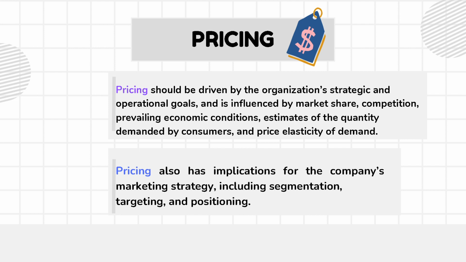Next is pricing. Pricing in the context of auditing function and activities refers to the process of evaluating the prices set for goods, services, or contracts. Auditors play a critical role in assessing pricing strategies and ensuring that they are fair, transparent, and comply with relevant regulations.